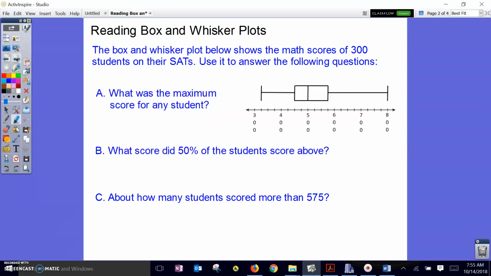So let's look at an example of this. The box and whisker plot below shows the math scores of 300 students on their SATs. We're going to use it to answer the following questions.